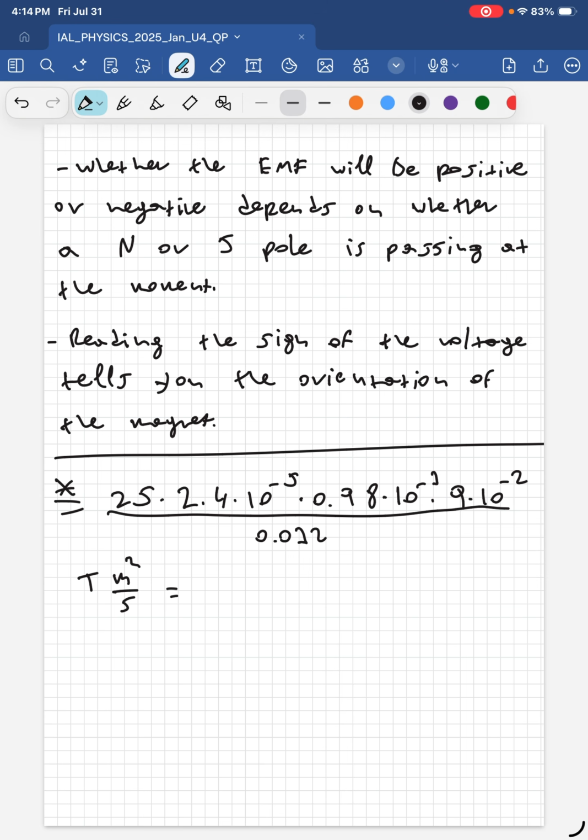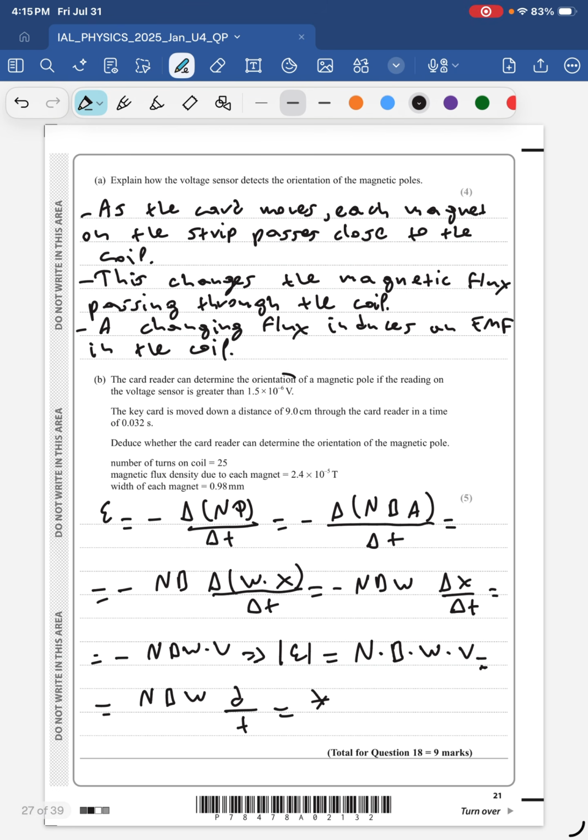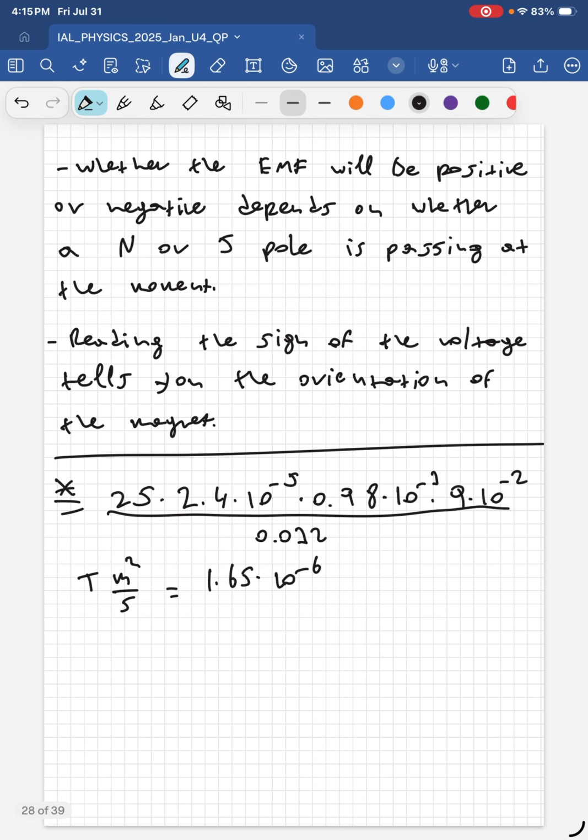This is equal to 1.65 times 10 to the negative 6. That's good news, because remember, they say that it has to be larger than that. But does this evaluate to volts? Let's see.